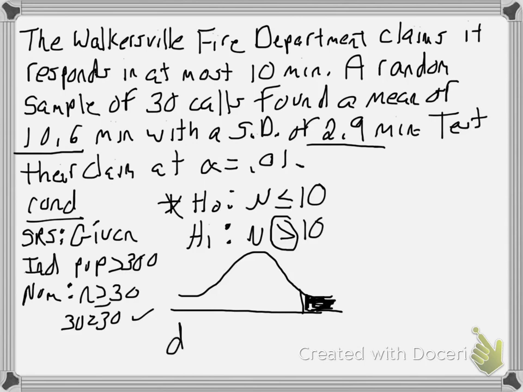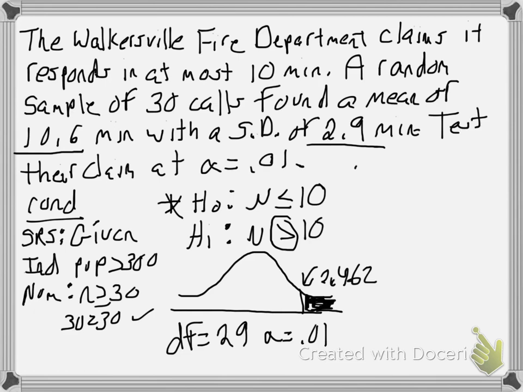What's our degrees of freedom? It is 29, and alpha was 0.01. So we go to our chart, find 0.01, go down to 29 degrees of freedom, and that looks to me like it should be 2.462. So my critical value is 2.462.